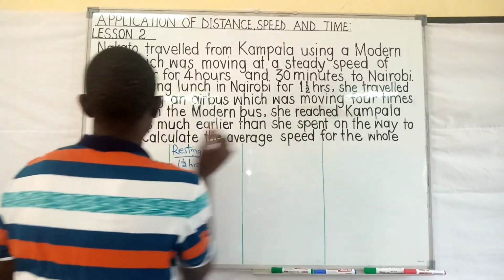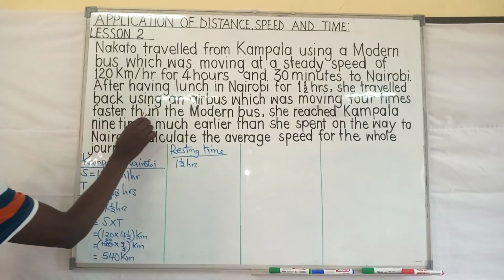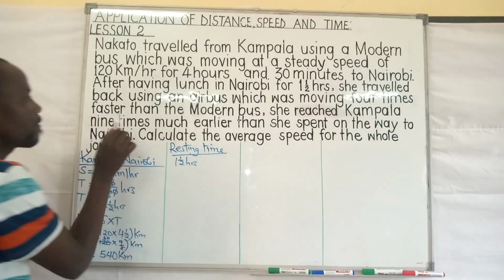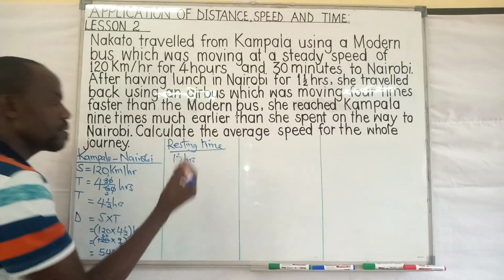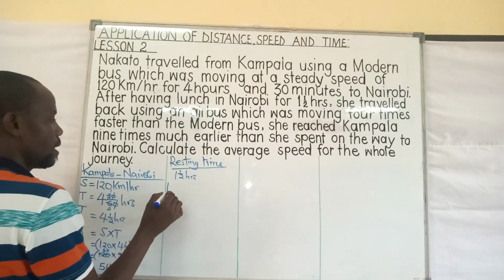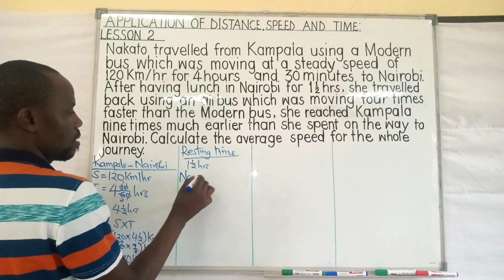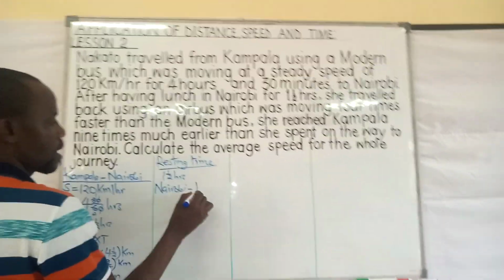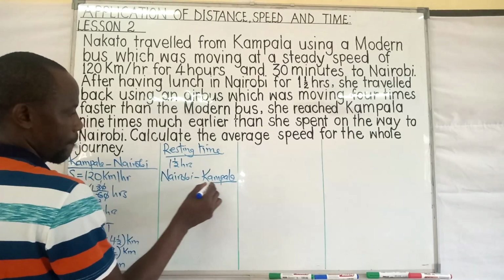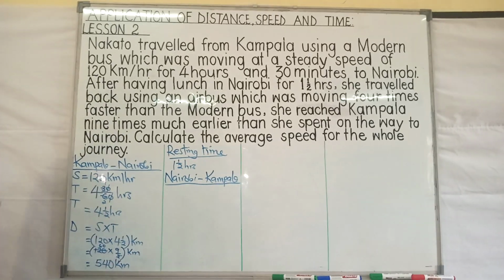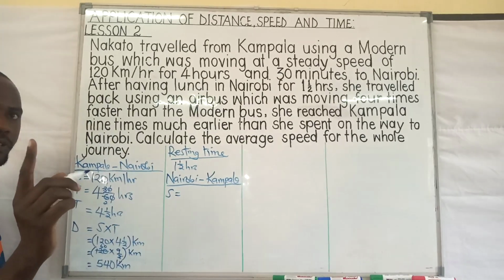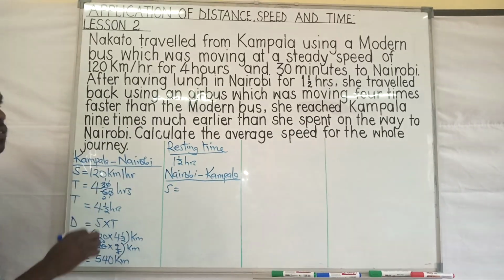After resting or having lunch for 1.5 hours, she traveled back using an Airbus, which was moving 4 times faster than the modern bus. That means she was now traveling back to Kampala, that is Nairobi to Kampala. What is our speed? Because we need to get the distance also by the Airbus.